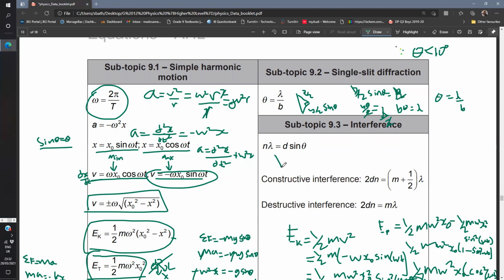We just draw the two slits and the angle. The first and second slits, and point P. This is also theta.